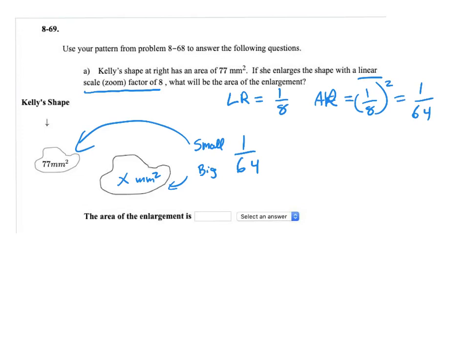So if we have a ratio of 1 over 64, the small area has to go on top, the big area goes on bottom. And when you do that, you're going to have to cross multiply, and you get x is equal to, so I multiply 1 times x to get x, 64 times 77 is equal to 4928. So that will be my answer here. And as far as the units goes, this will be millimeters squared.